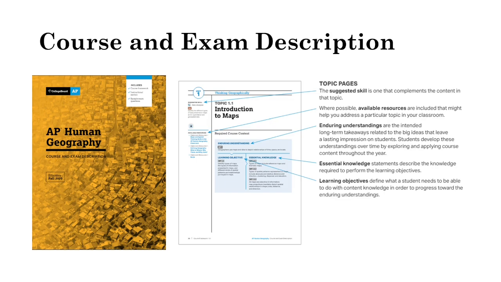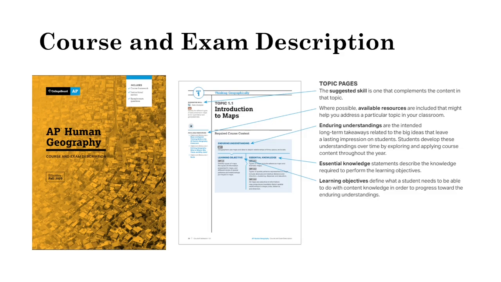For example, 1.1 is Introduction to Maps. There are certain standards, like in a curriculum, that you have to be able to meet, and sometimes they give certain information that you have to know. If something is not in this course and exam description, it is not on the AP exam. So everything that I'm teaching you, for the most part, is from this course and exam description, and is supposed to help you for the AP exam.